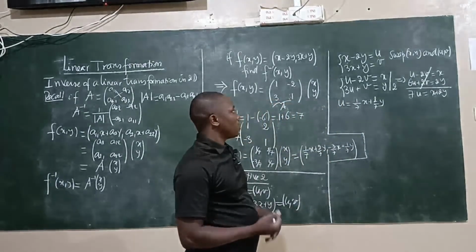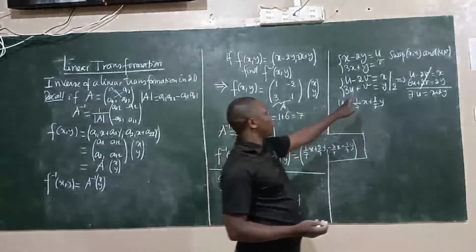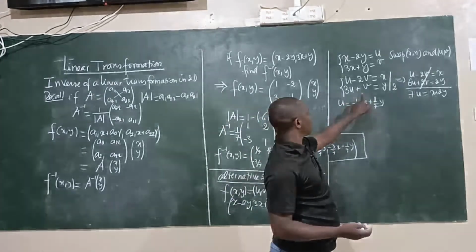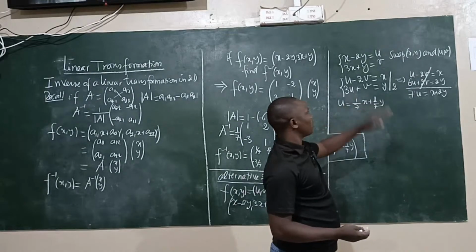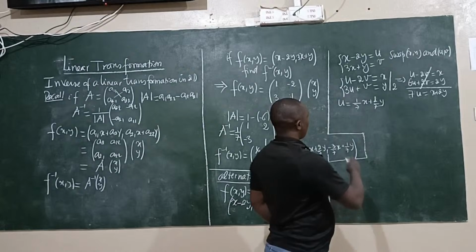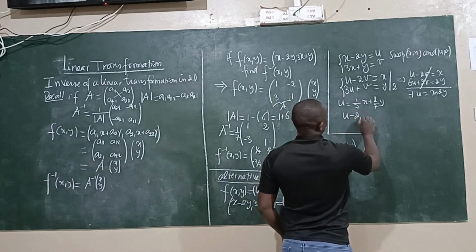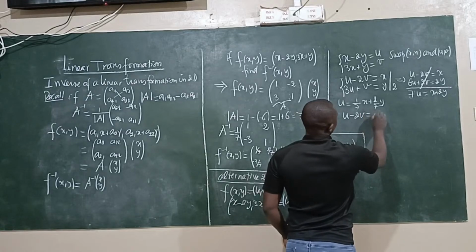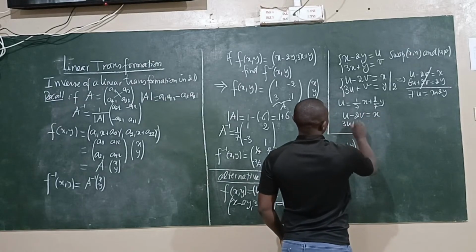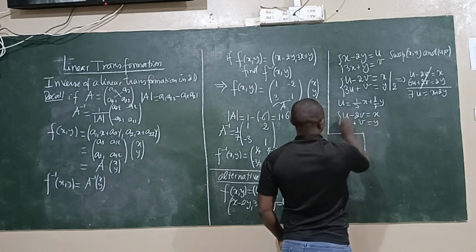That is the u value. We can have v. We can replace that u here, or eliminate u to find v. Let me go back to u minus 2v, which is x, and 3u plus v, which is y.